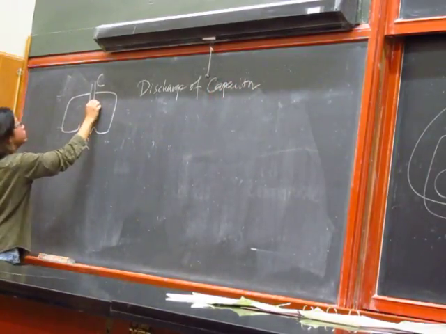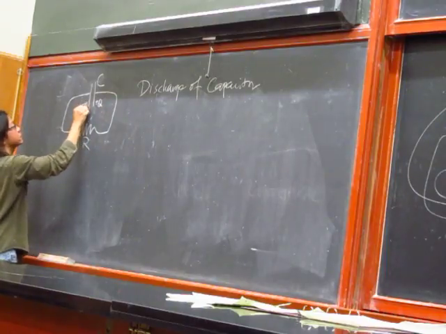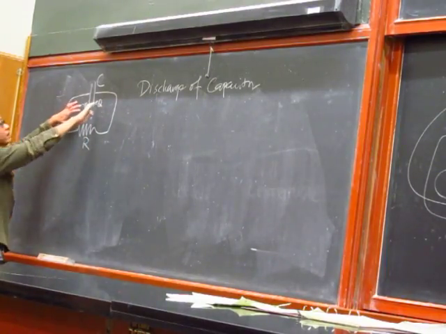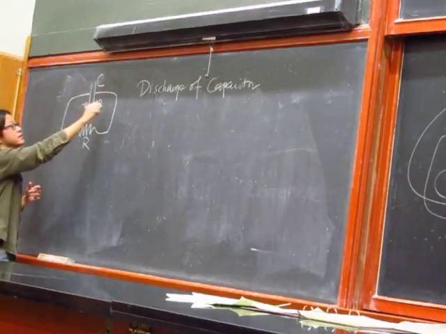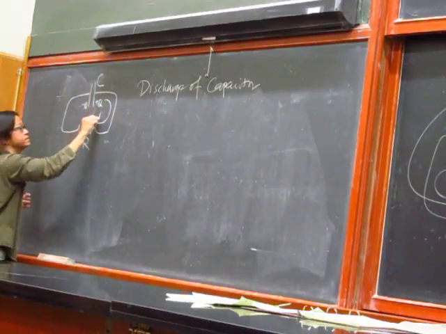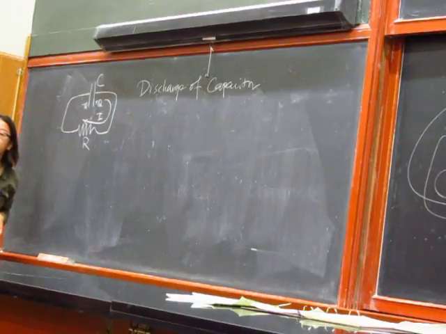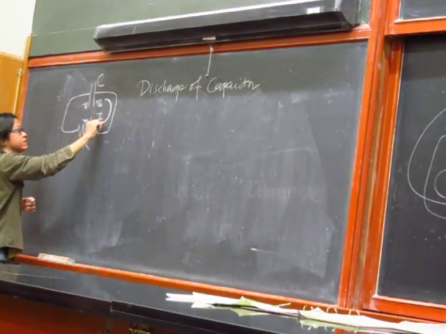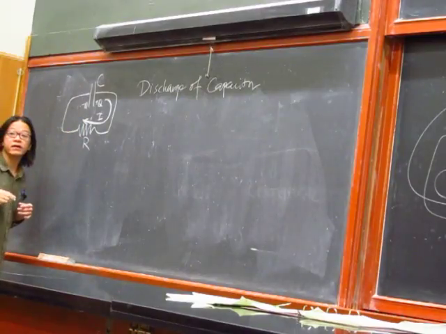Say initially you have plus Q here, minus Q here. Because they're connected by a resistor, current will flow, and I define current to be positive going that way.